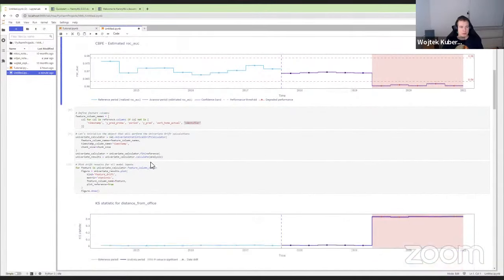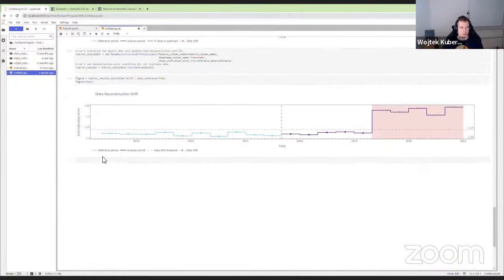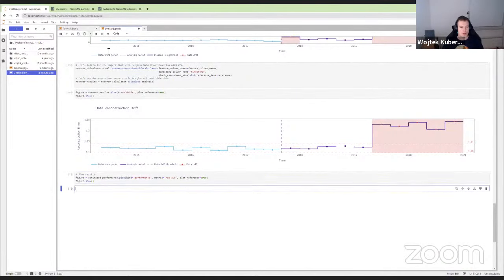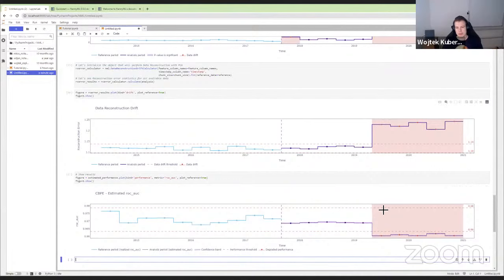So let's plot it again here just to see it on one screen, how one corresponds to the other. And you see basically that there is almost one-to-one correspondence between those two. And data reconstruction drift actually is a reliable predictor of the performance.